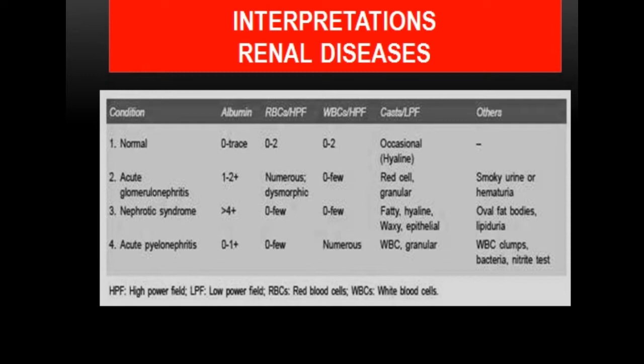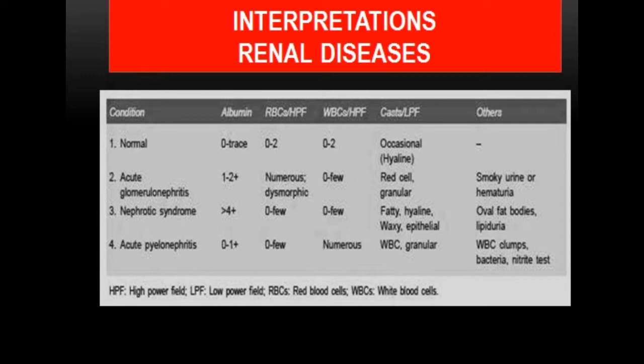However, red blood cells or red cell casts may be there, and smoky urine is there. The color of urine is also changed. In case of nephrotic syndrome, further damage is there. It is a chronic condition in which the damage goes up to the nephron level, so more albumin is there. However, the nephron is damaged, so no RBC is basically filtered.